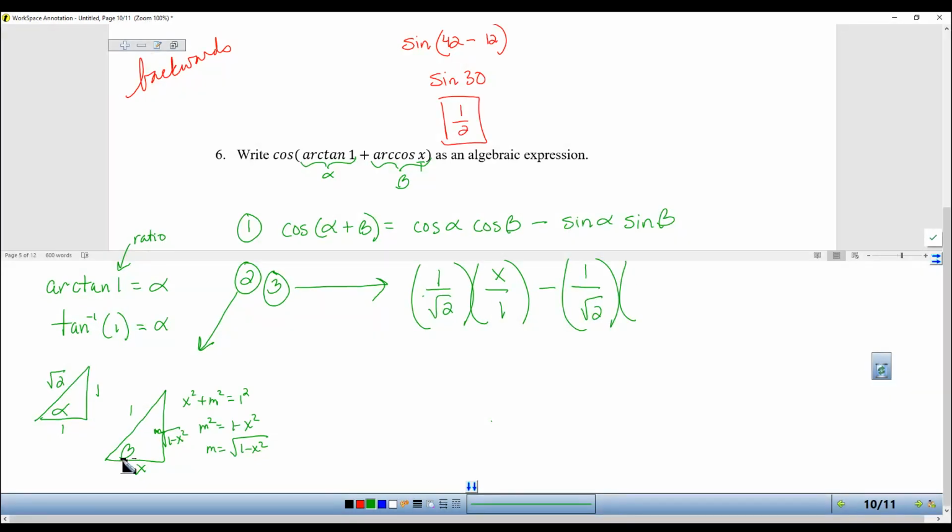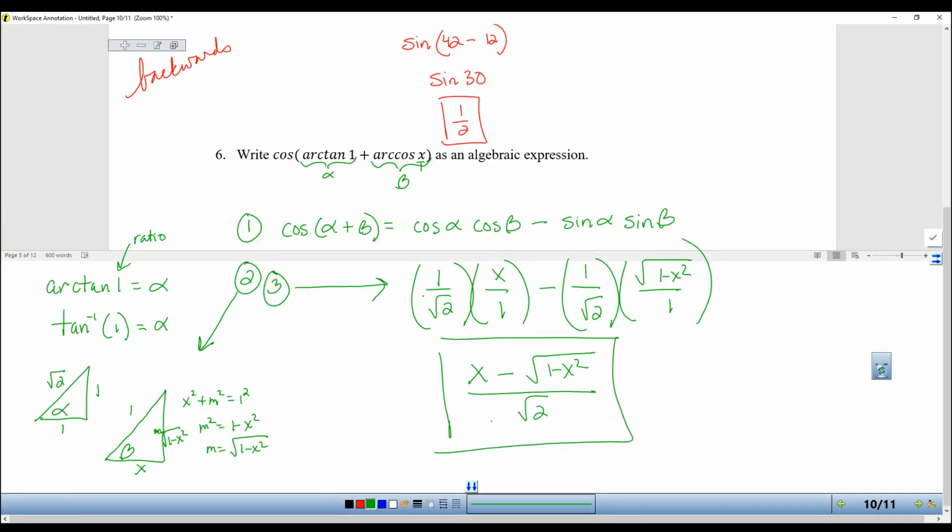In sine of beta, whatever angle this is, the sine of it is opposite over hypotenuse, the square root of 1 minus x squared over 1, which simplifies to the square root of 1 minus x squared. This gives x minus the square root of 1 minus x squared, and they both have the same denominator, which is the square root of 2.